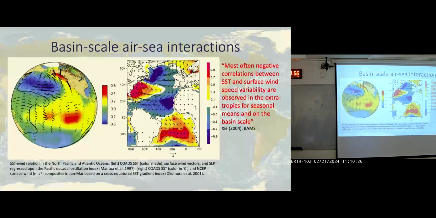Regions with strong winds get a colder ocean, and regions with weaker winds, the ocean is warmer. This is illustrated for the Pacific and also for the Atlantic. So, negative correlation when we talk about the large, basin scales.